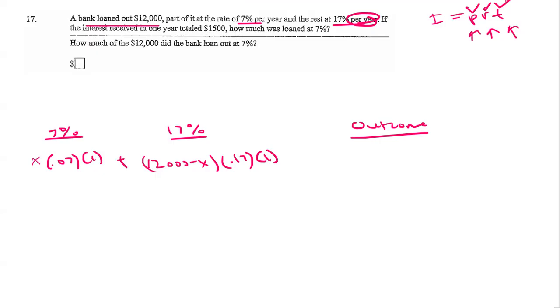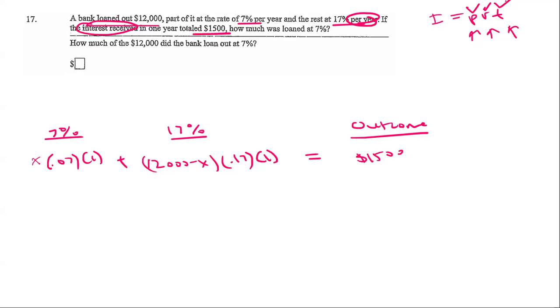And then we just add them together. And then what do we want to produce? The interest received totals $1,500. So we put this much in the 7% account and this much in the 17% account, and we want the outcome to be $1,500. That's how much interest has occurred over that year. Okay.